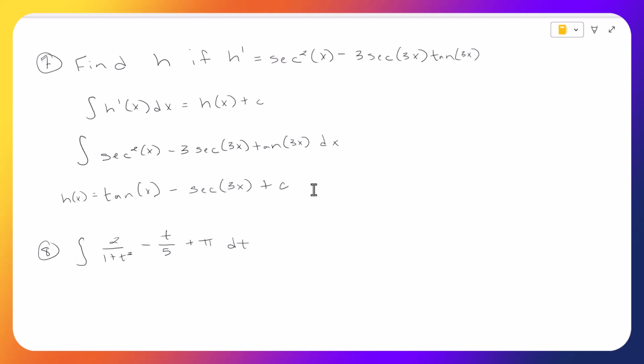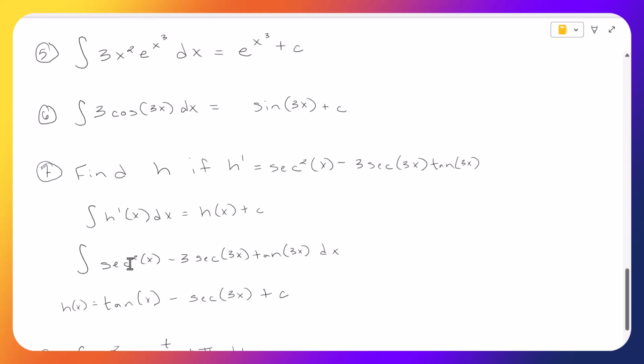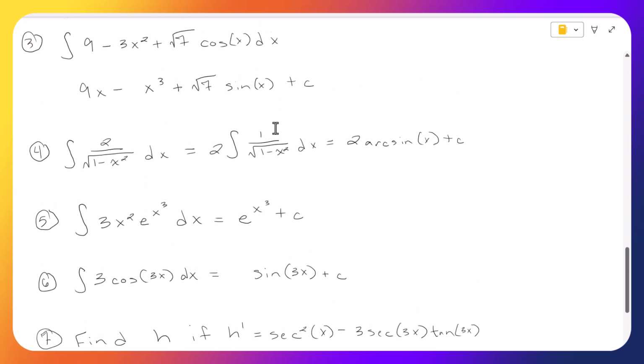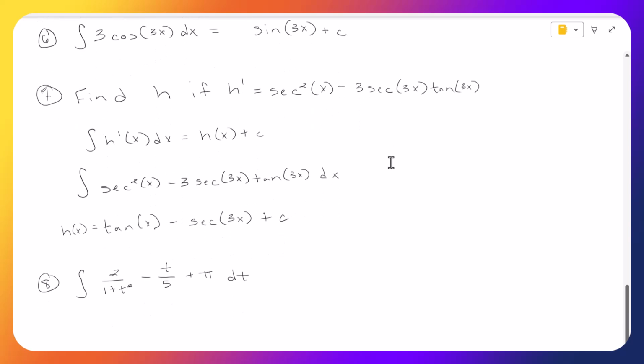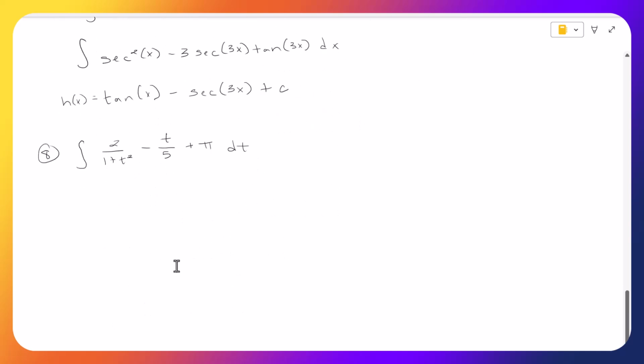Okay, you've tried it on your own. This 2 over 1 plus t squared, well, we already did that earlier. That was like what we did over here, except it was x instead of t. And that was 2 arc sine of x. So this is just going to be 2 arc sine of t minus, and this t has an exponent of 1, so we're going to raise that to a 2.